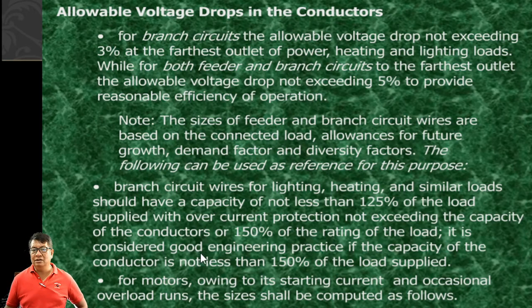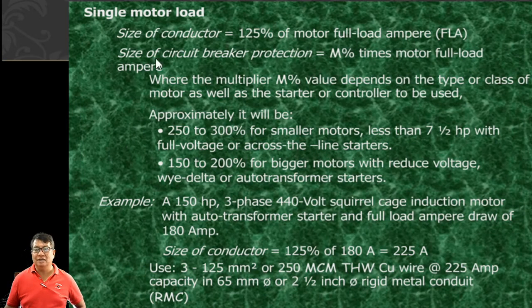It is considered good engineering practice if the capacity of the conductors is not less than 150% of the load supplied. For motors, owing to their starting current and occasional overload runs, the sizes shall be computed as follows. Okay. So ito po yung computation ng mga conductor at saka yung mga protection natin.